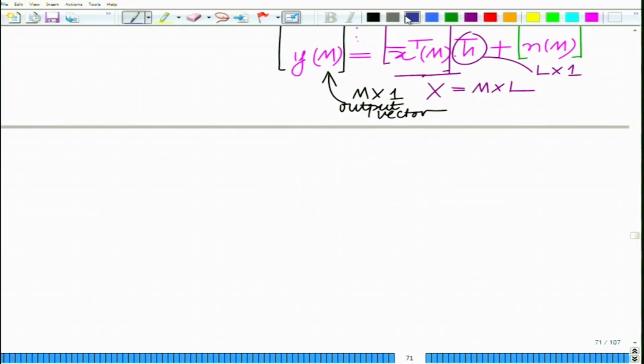So, what you will have is y bar equals X times h bar plus n bar. Okay.